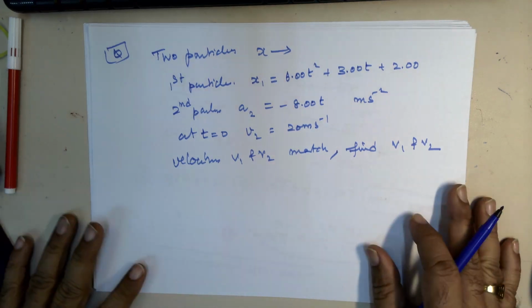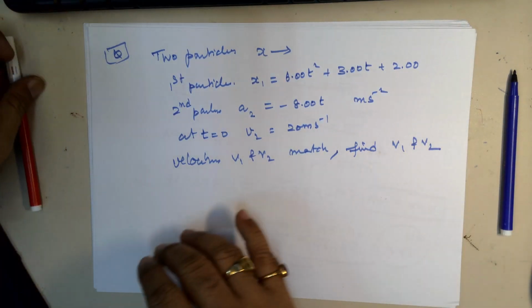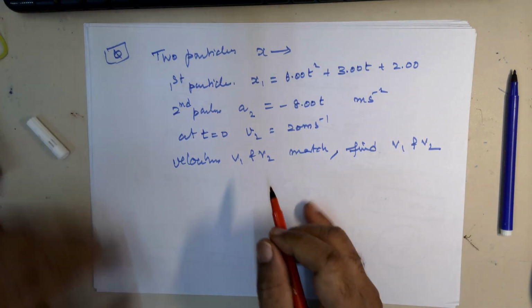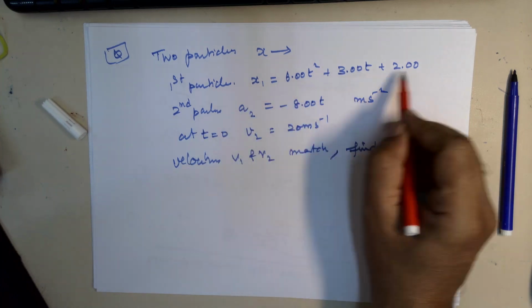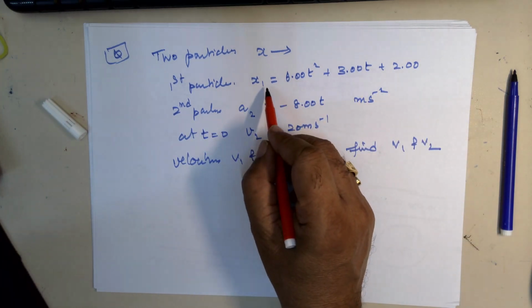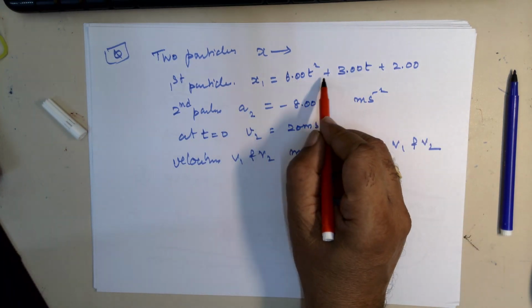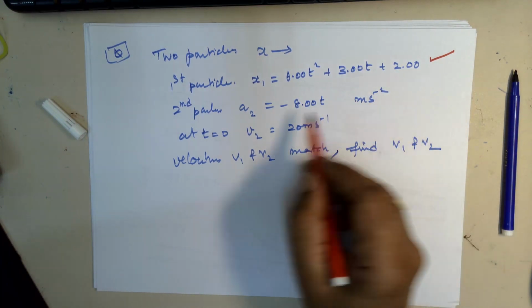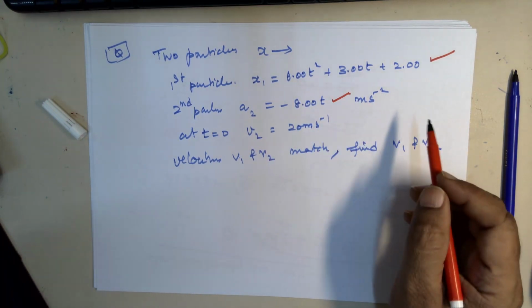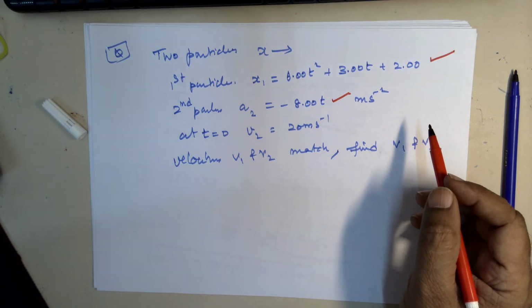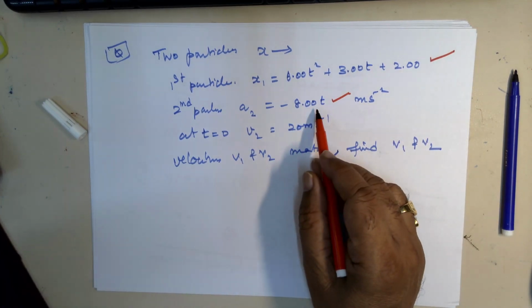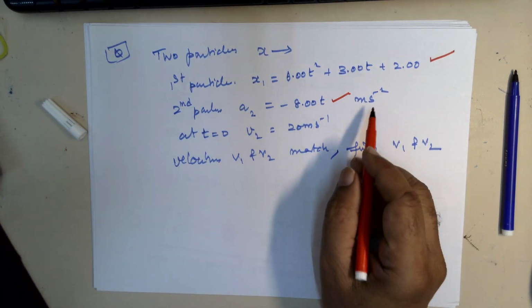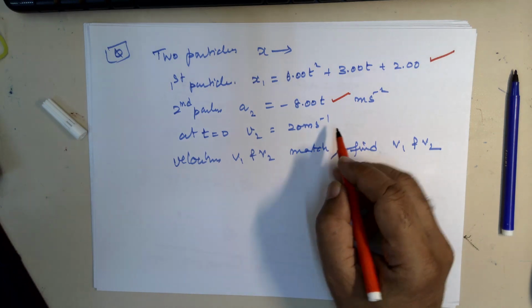Let us list out the parameters given here. What is x1? This is the first equation. x1 is equal to 6.00 t squared. So we have been given this one. And for particle 2, a2 is minus 8.00 meter per second squared. And what is v2?